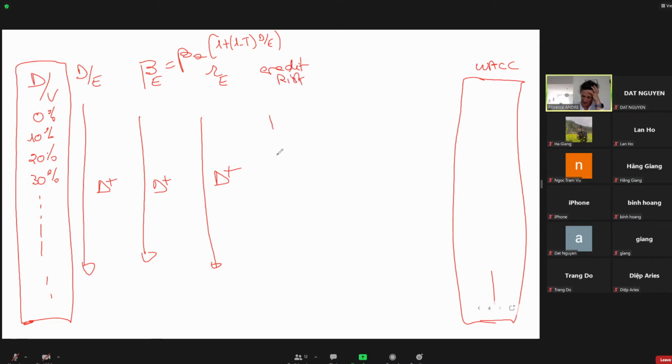If the credit risk increases, then RD will increase. But do you have an idea to measure the credit risk? How can we measure the credit risk premium?